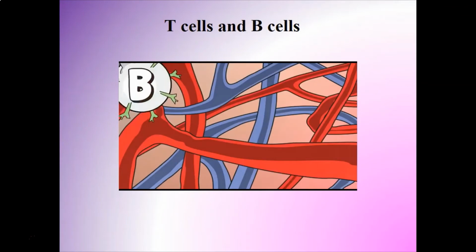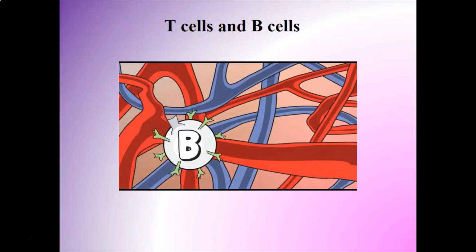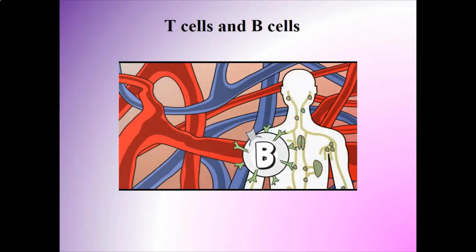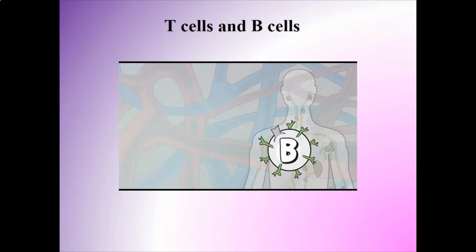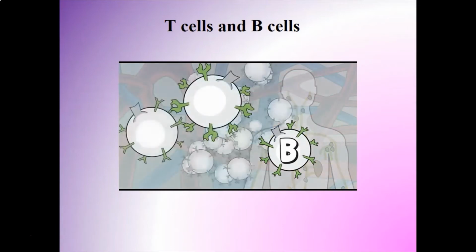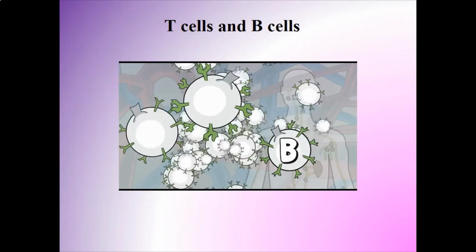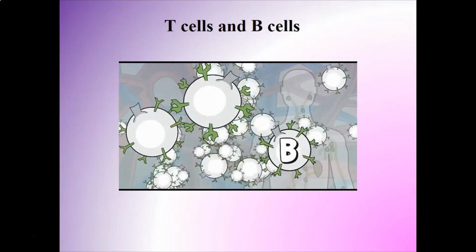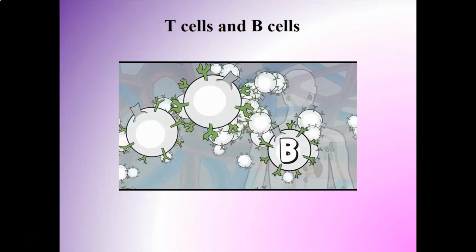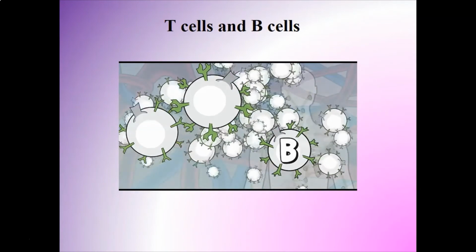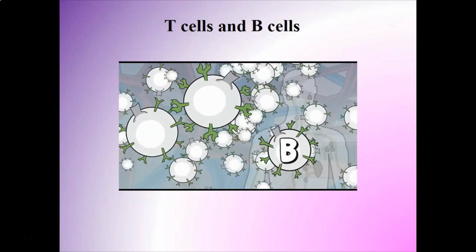B cells are found circulating in the blood, and they are also stored in the lymph system. The surface of the B cell is covered with antibody receptors, precisely matched to specific antigens. For this reason, there are a countless number of unique B cells found in our blood and lymph system, each ready to respond if it encounters an antigen that matches its own surface receptor antibodies.